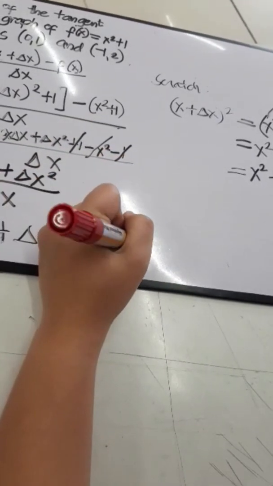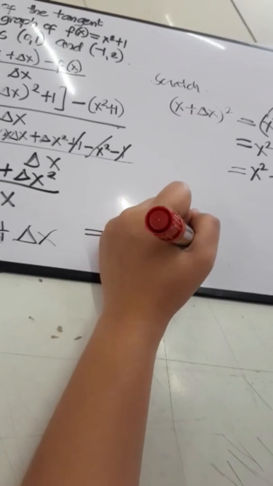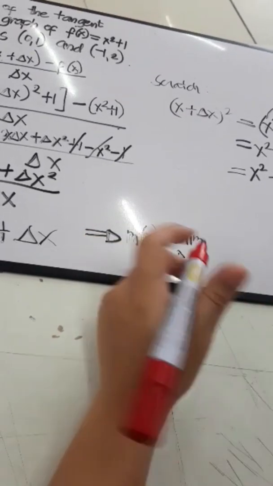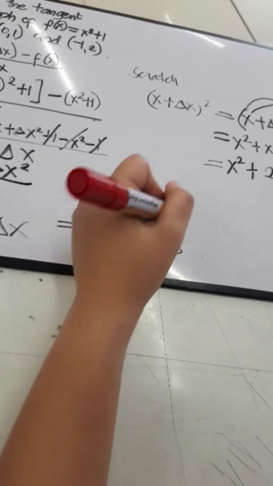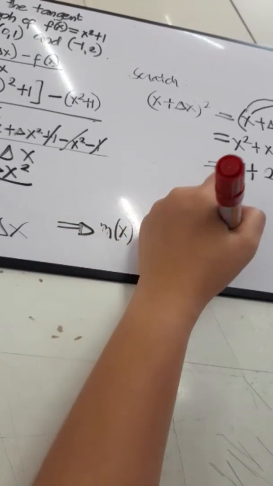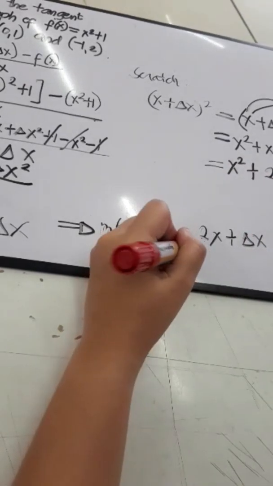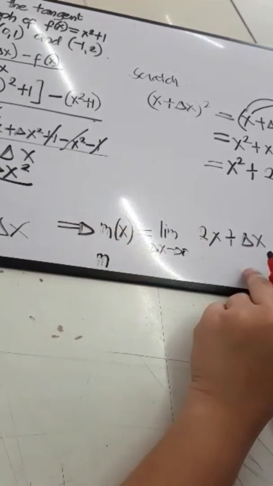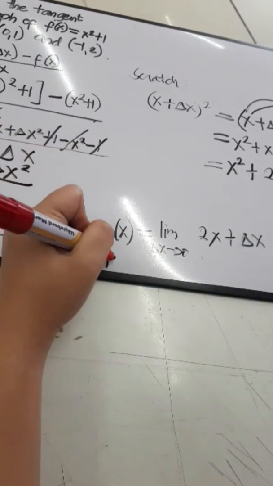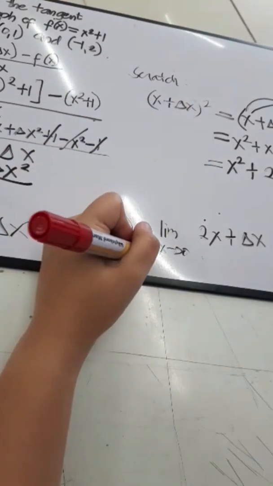So, the slope of x is equal to the limit as delta x approaches to 0 of 2x plus delta x. Meaning, kini si delta x, mahimo na og 0. So, ato nang ikwa ang limit, no? So, the slope m of x is equal to 2x.